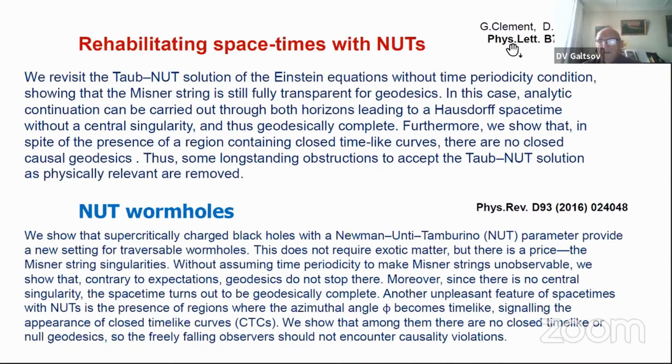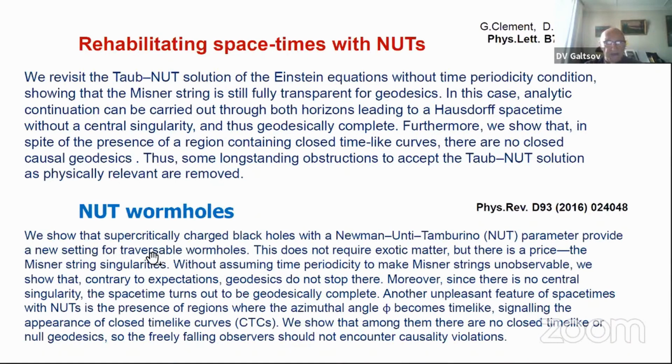And we have shown in this paper that the problems like closed timelike curves, which occur in the near region around the polar axis, don't contain geodesics, so they don't lead to observable effects. Observable effects with those problems of Taub-NUT were actually not discussed much in the literature.